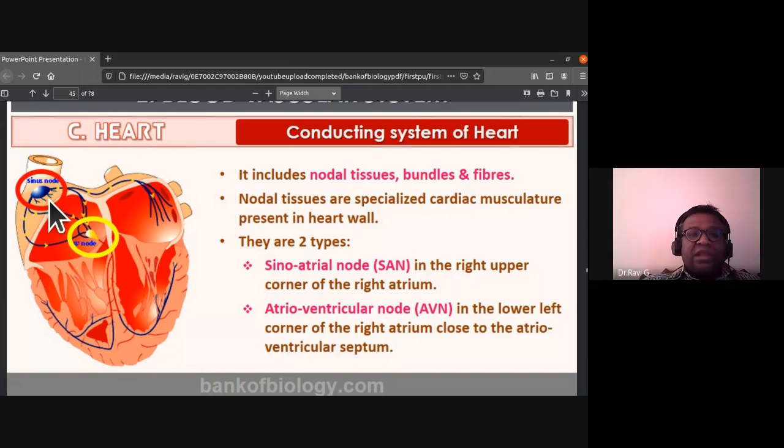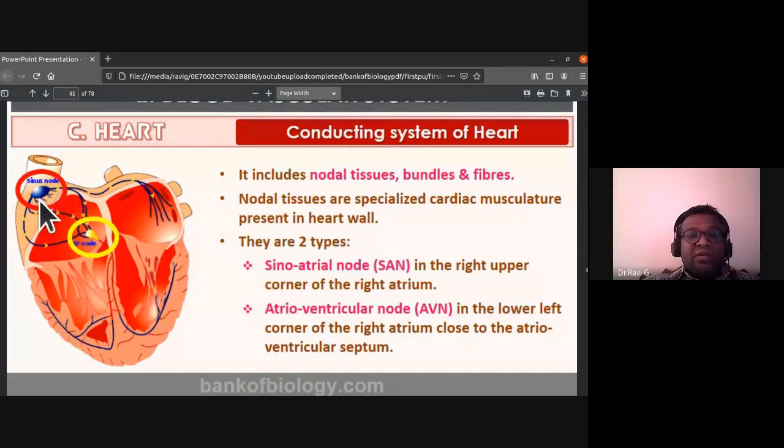The sinoatrial node is present in the right upper corner of the right atrium. In the lower left corner of the right atrium, close to the atrioventricular septum, we notice the AVN, the atrioventricular node.